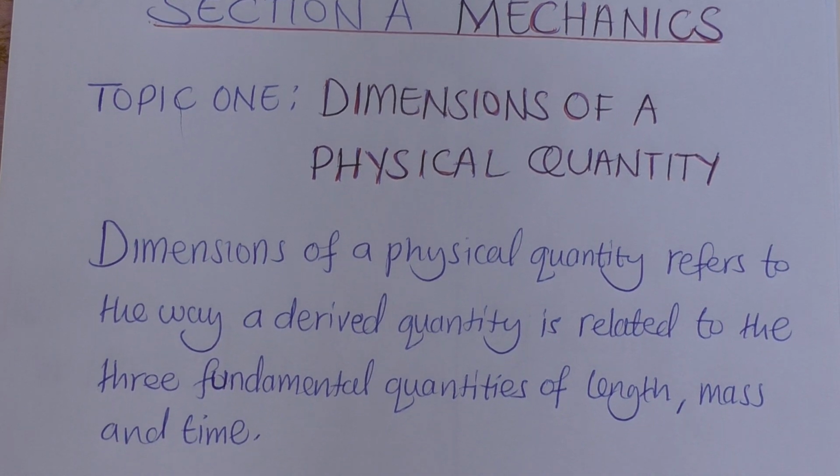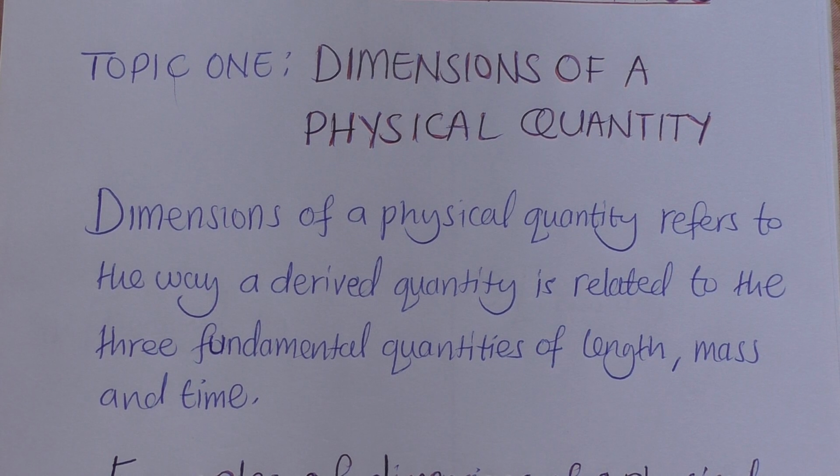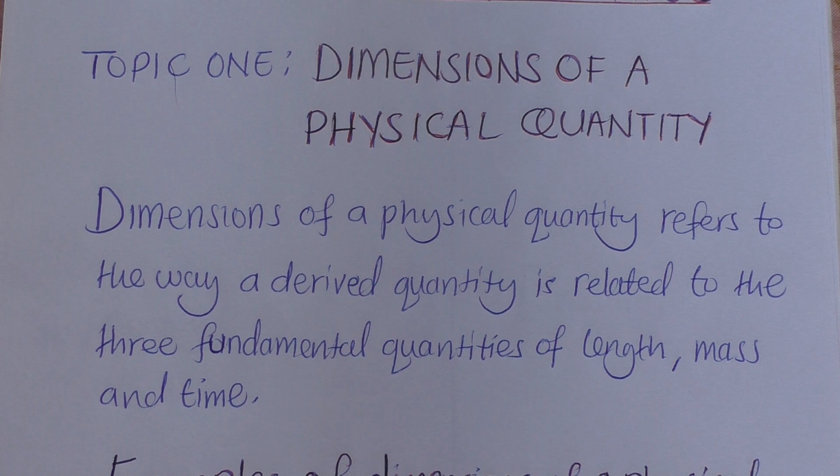When we talk about dimensions of a physical quantity, we simply refer to the way a derived quantity is related to the 3 major fundamental quantities of length, mass, and time. So we shall be deriving the relationship between a derived quantity and these 3 major fundamental quantities.